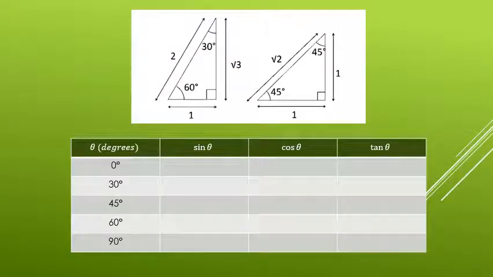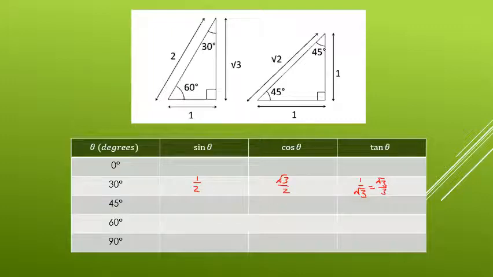We saw from the previous slides that the sine of 30 degrees is a half, the cos of 30 degrees is root 3 on 2, adjacent over hypotenuse, and tan of 30 degrees is 1 on root 3. Keep in mind the next slide will have this all neatly typed out, where that's root 3 on 3.